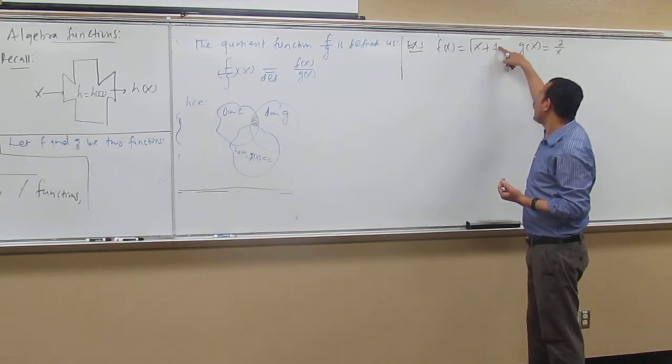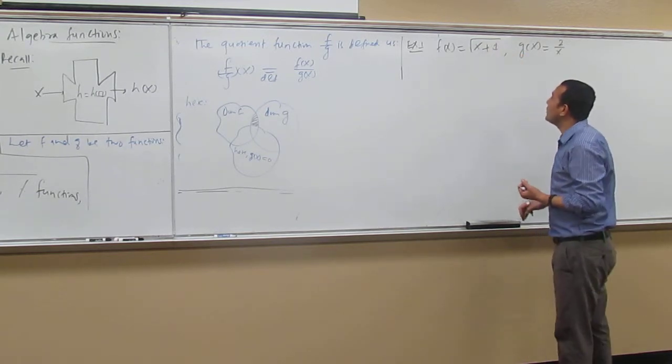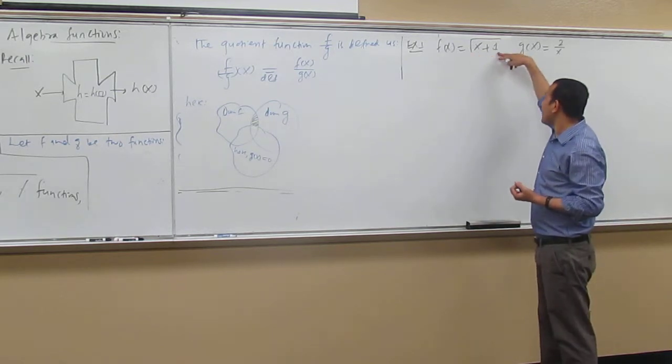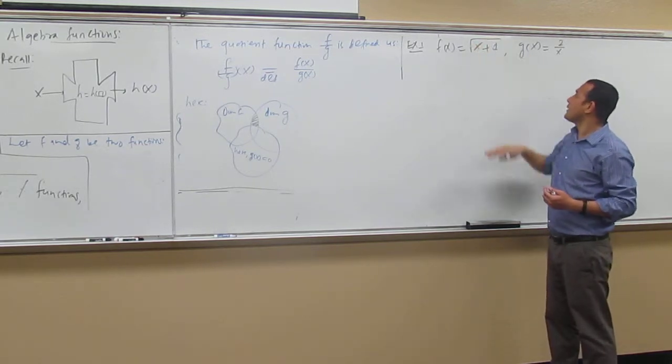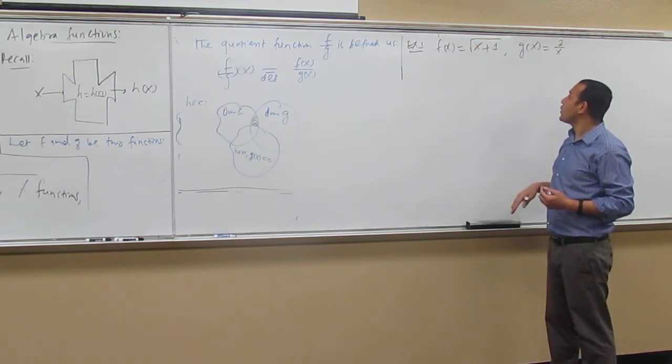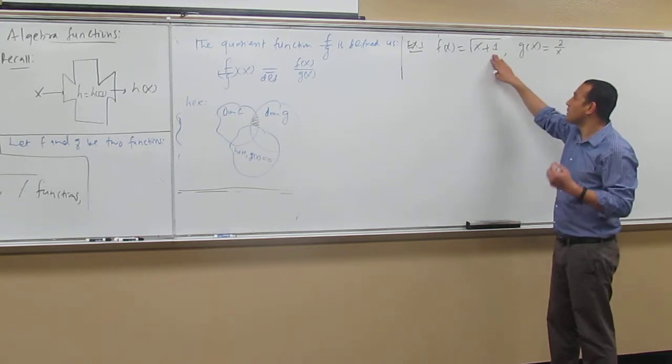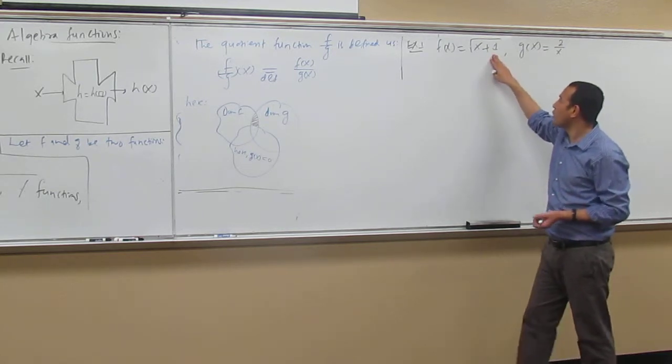What is the domain of f? I think you can use the simple idea here. It's a radical expression, so what kind of x are allowed here? Well, yes, you're right. The inside of the radical must be greater than or equal to 0. That means x must be greater than or equal to -1.